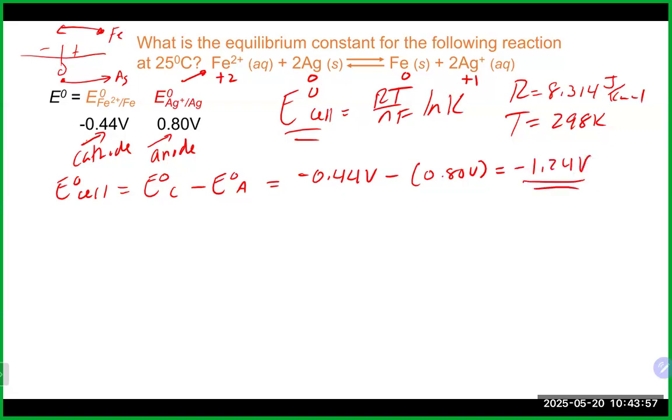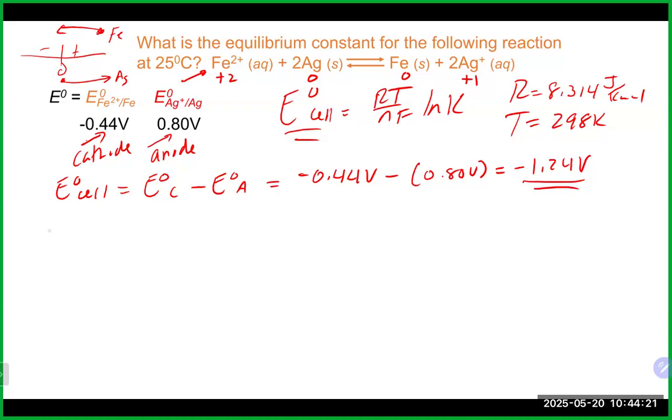Really, right off of this calculation, I know whether this reaction is spontaneous or non-spontaneous. This reaction is non-spontaneous because it is a negative E, and that means it should give me a positive G, which means it's non-spontaneous. That also means when I calculate my equilibrium constant, it should be a small value, right? So again, that's the thing you want to think about.